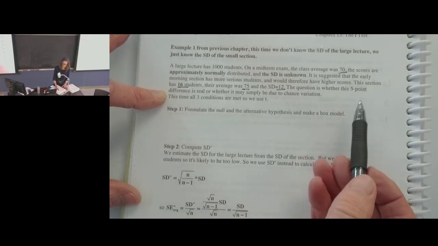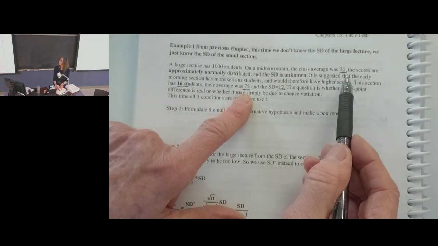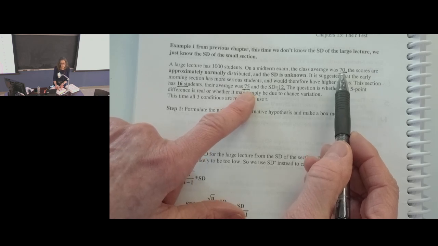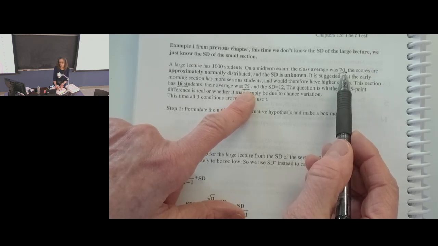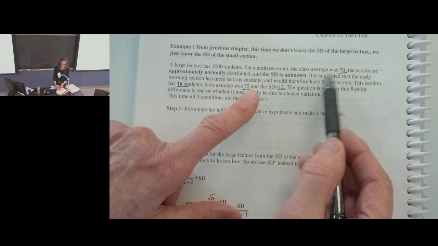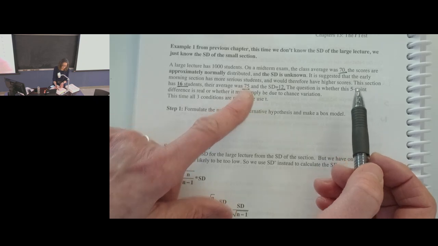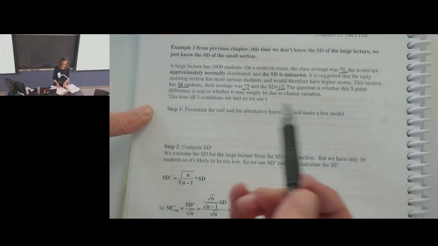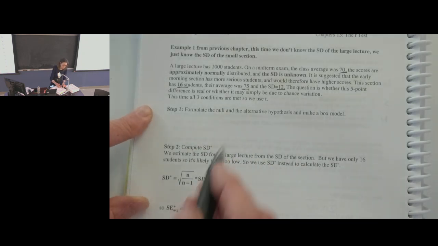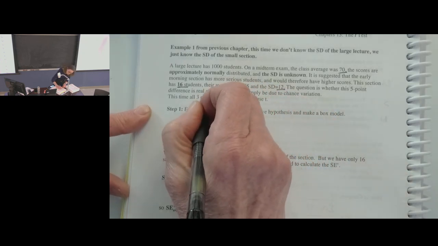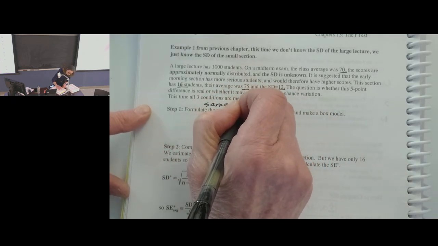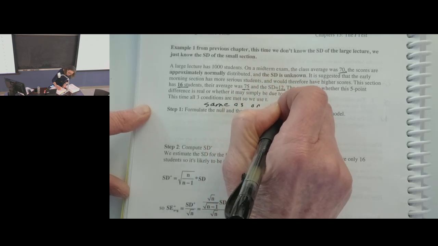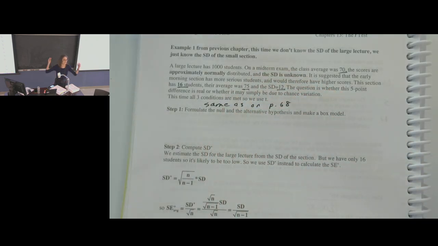So the question is whether this 5-point difference between what we observe and what we expect under the null, that there's nothing special about that class, they're just a random selection, is real, meaning due to some real cause, or whether it's simply due to chance variation. All right, so we're going to formulate the null and the alternative, and it's the same as before, that the null is always that the effect you see, this 5-point difference, is just due to chance, just due to the luck of the draw.